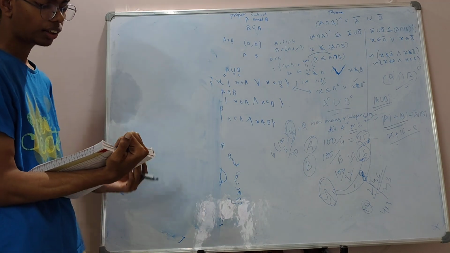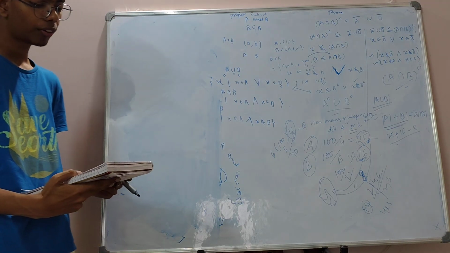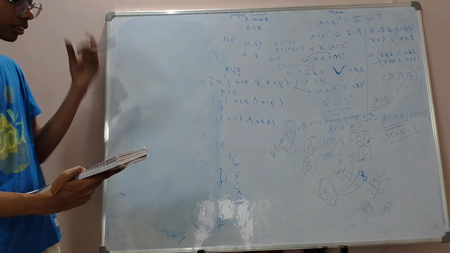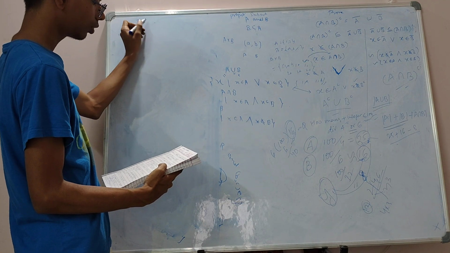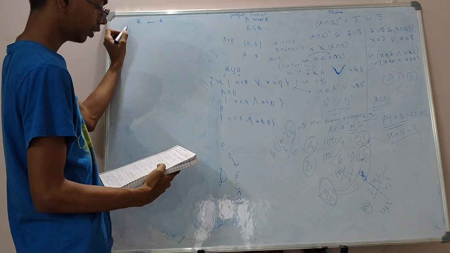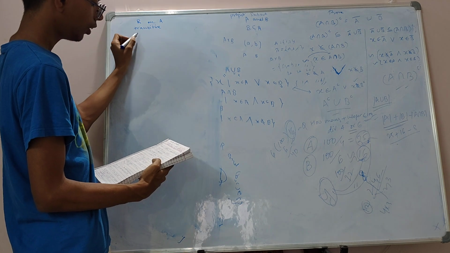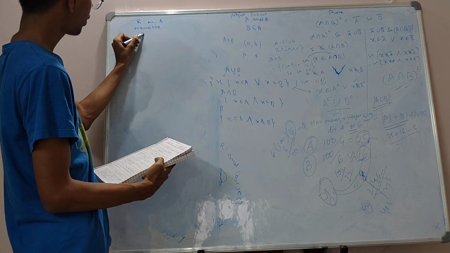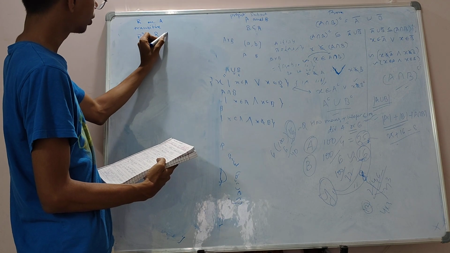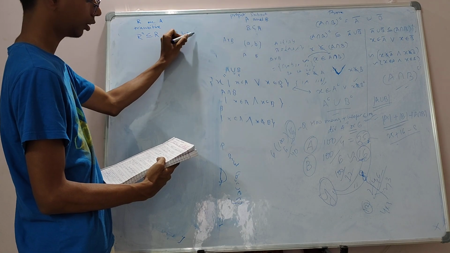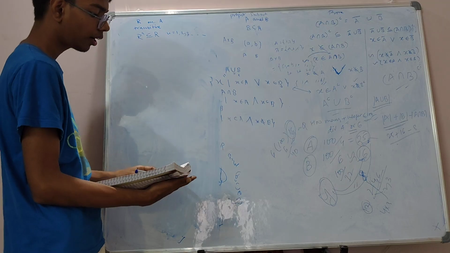Suppose a relation R on a set A is transitive if and only if R to the power n is a subset of R. So what this theorem says, there is a relation R on a set A and this is transitive if and only if R to the power n is subset of R, where n is 1, 2, 3 and so on. Now, what does R to the power n mean here?